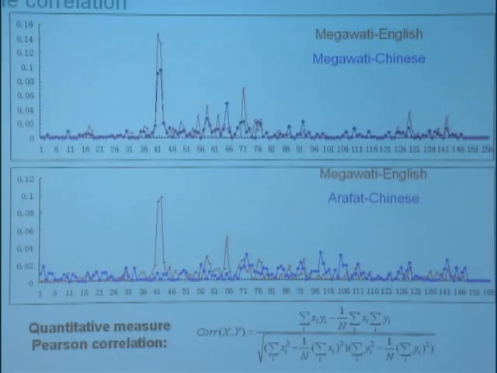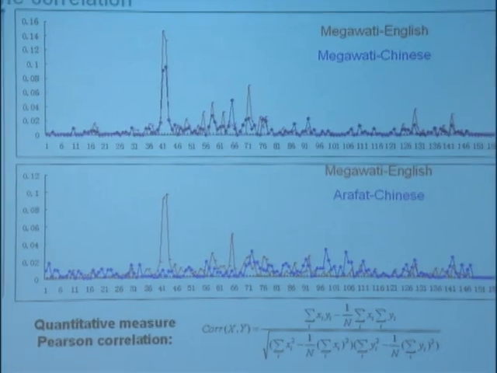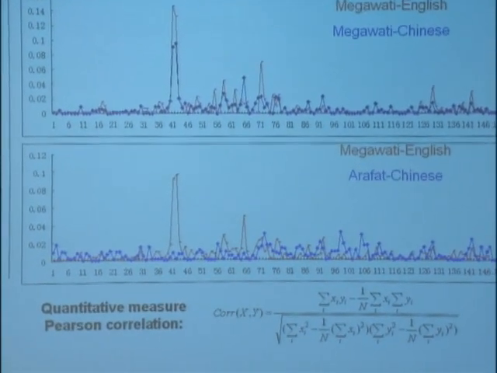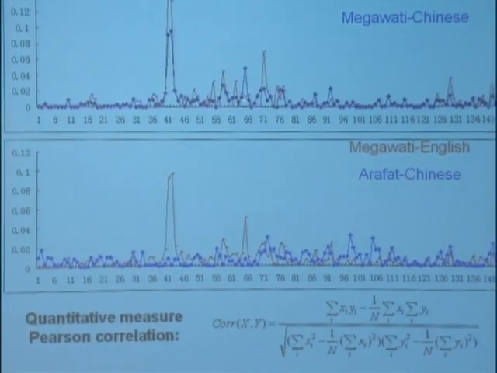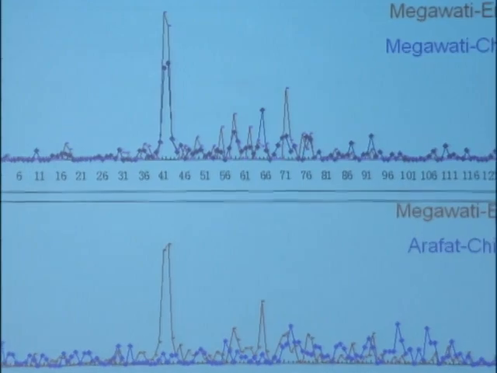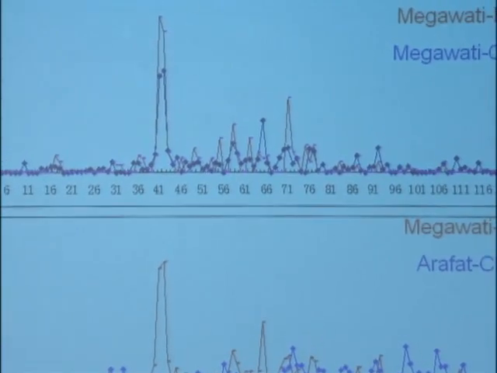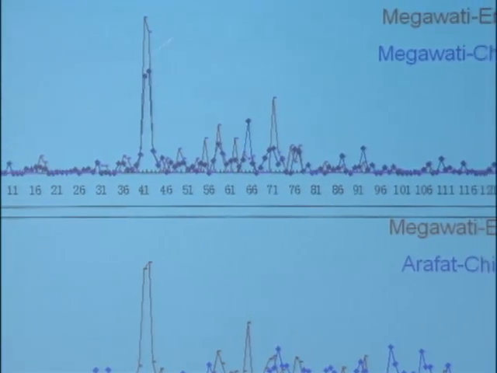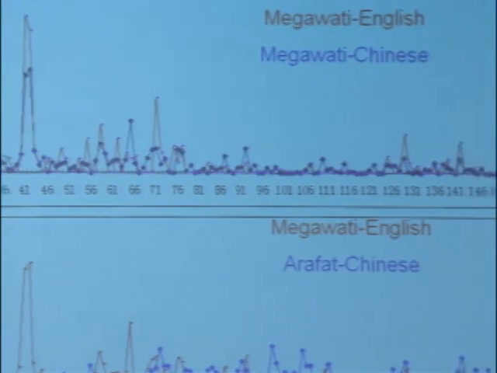Okay, for temporal correlation, if you take, say, I think this was 6 months of the Chinese and English Gigaword, and you look at the distribution of terms like Megawati in English and Chinese, you see a reasonable, not a perfect correlation, obviously, but a reasonably good correlation: when something happened in Indonesia that involved Megawati, you would see the terms peak in both languages.